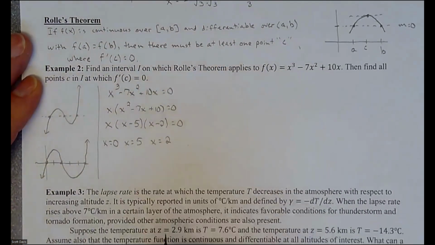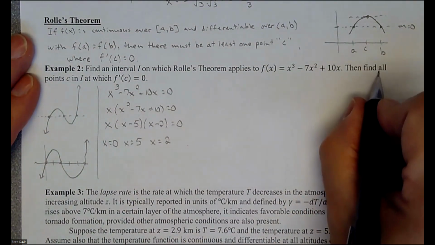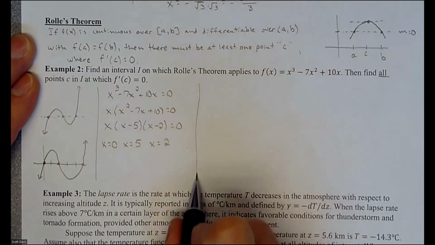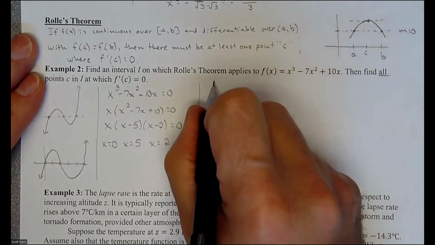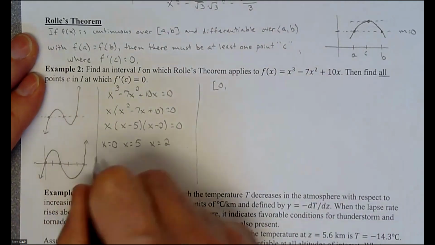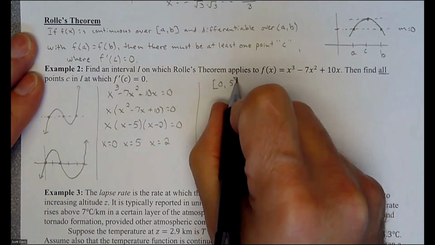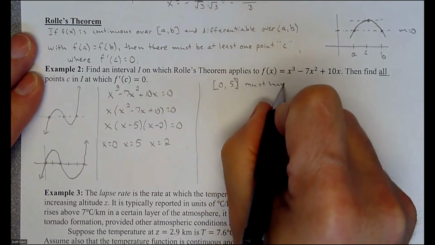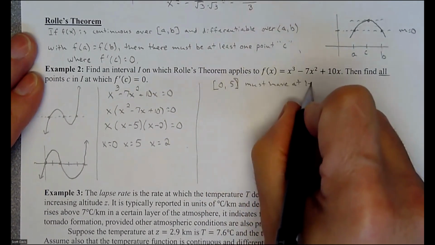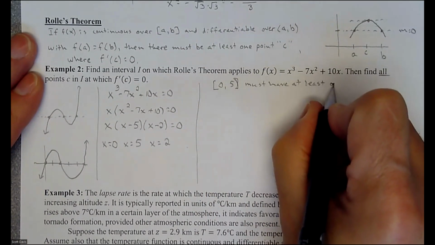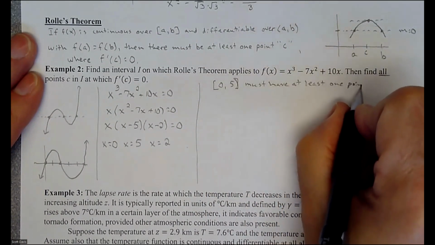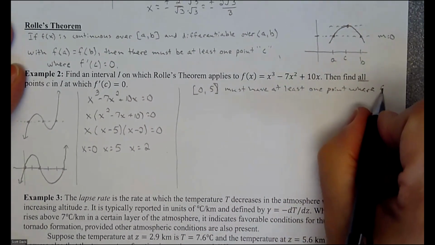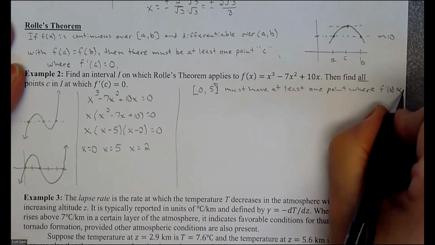Okay, so I want to figure out, it does say find all points c where we're going to have a slope of 0. So basically between 0 and 5, we must have at least one point where your slope, your f prime of x, equals 0.